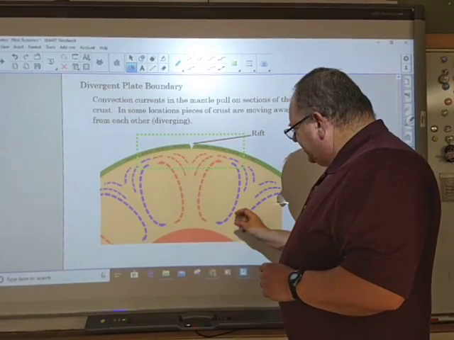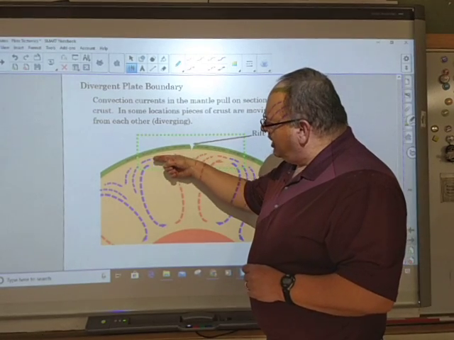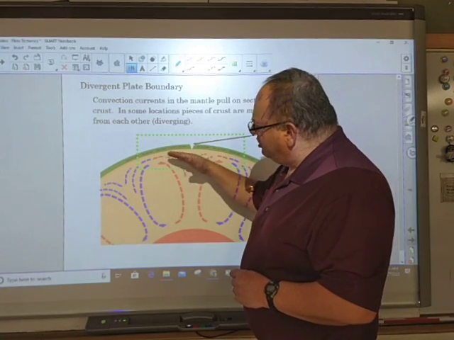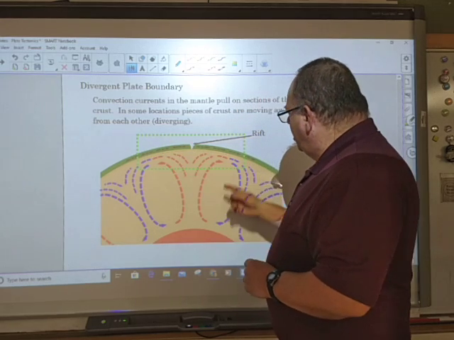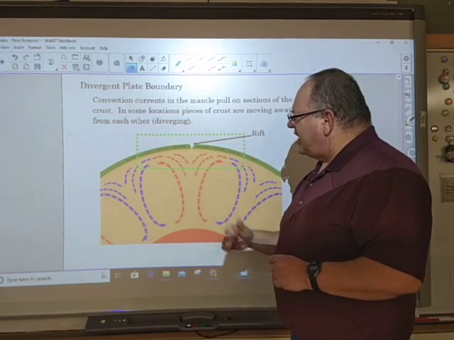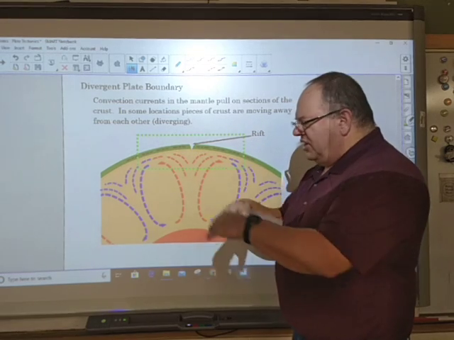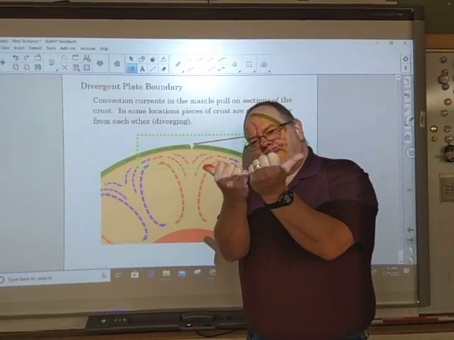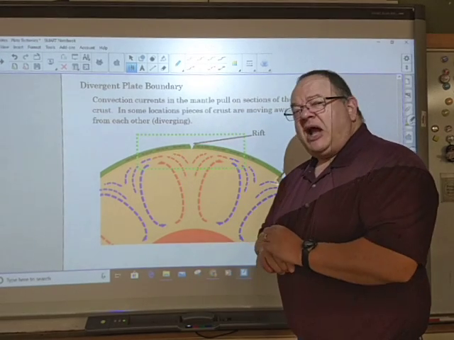And over here we've got the sinking cell, and here we've got the sinking cell. But if you consider what's happening right at the surface here, basically your mantle motion is sideways, that way. And over here, your mantle motion is sideways, that way. And think about what that's doing on that brittle surface of the Earth. The mantle is trying to pull in two different directions, and so the Earth might crack open.